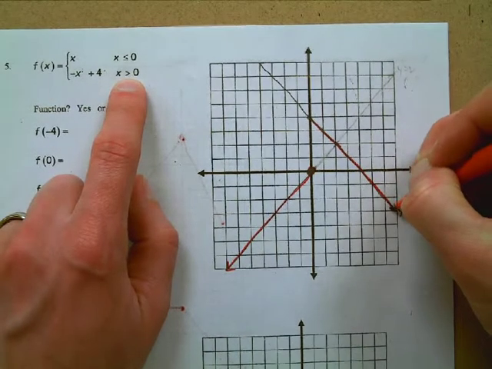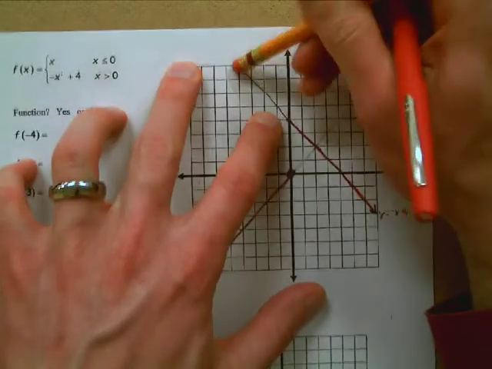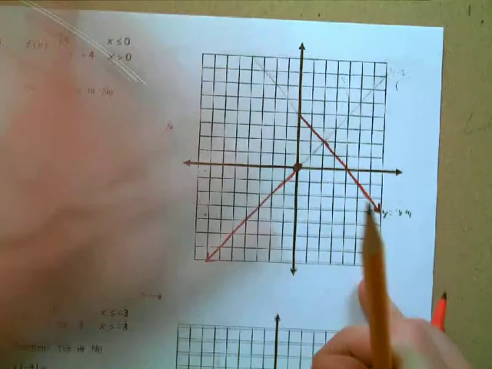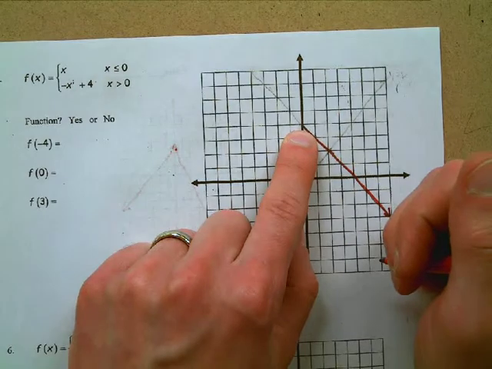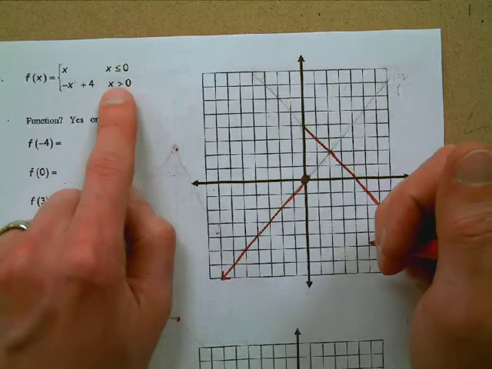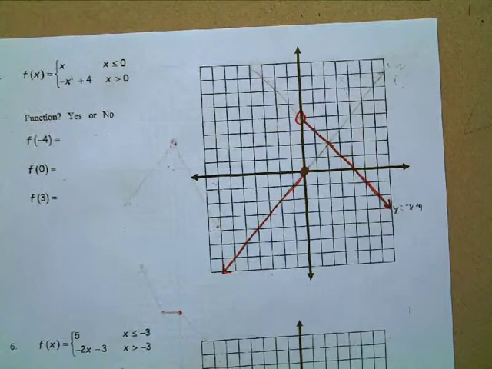That means I'm going to erase this piece back here. Okay. What kind of dot should I put here? Open or closed? Well, I heard open and closed. There's no equal to, right? So open. Okay, and so there's our piecewise function.